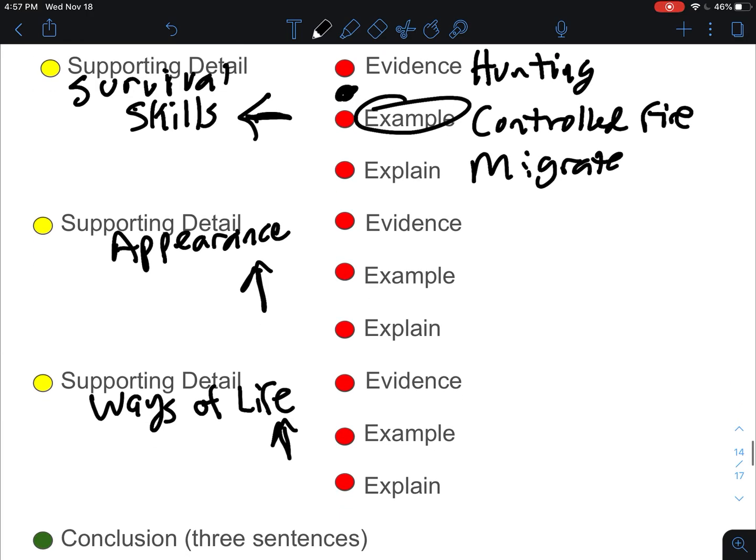Right? If appearance is our next paragraph, which explains how they were developed, what is one thing you want to talk about with their appearance? Yep, that they were muscular, right? Okay. What's another thing that you'd want to talk about which helps describe their appearance?